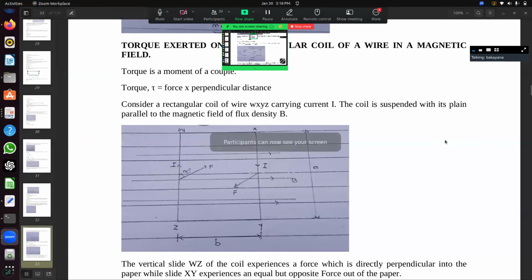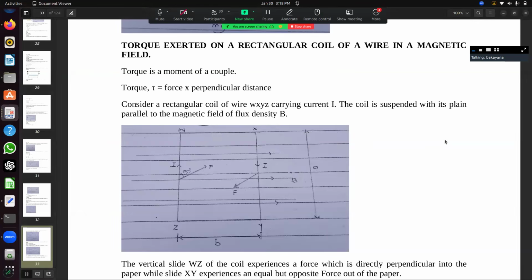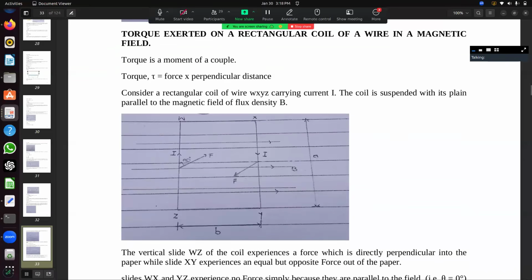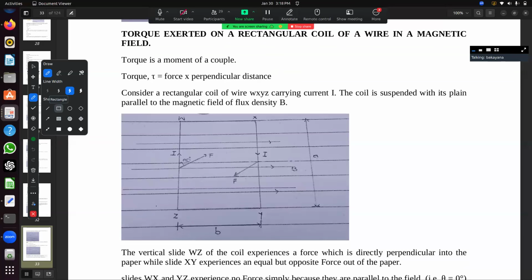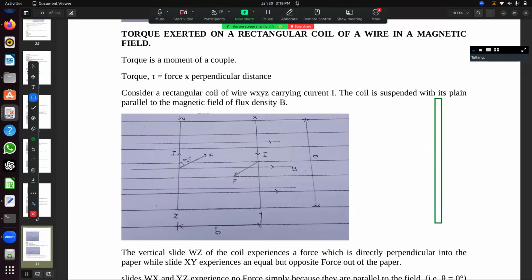Now, this is torque. I hope you learned torque is simply force times perpendicular distance. When you talk about a body, let's say it's some kind of a rod, then you have a force applied onto that body.